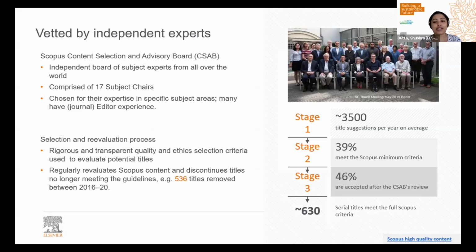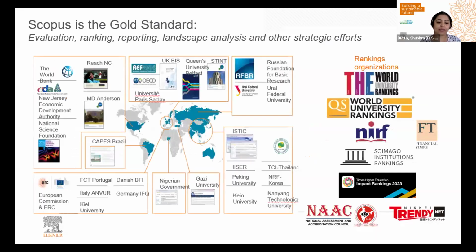They comprise international academicians who are experts in their own field, and there is constant monitoring of all the journals for their respective quality checks. Because of this constant evaluation of journals and maintenance of quality in the Scopus database, it is considered a gold standard by different ranking agencies and evaluation agencies. Some of them are shown over here. These are quite representative ones, but the list goes on beyond this as well.